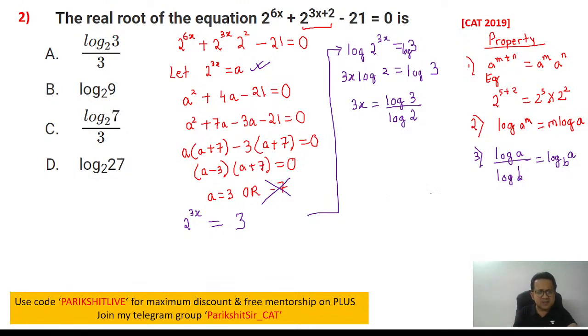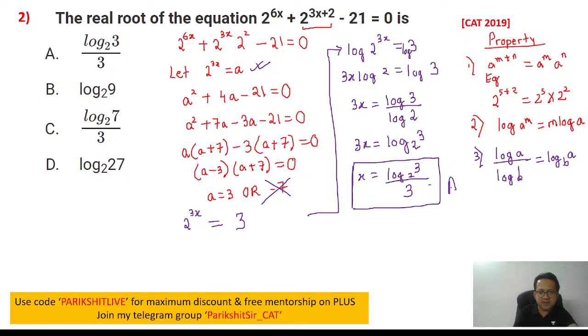So just looking at the answer options and making sure that it matches with one of them, I'm simplifying a bit more. So log 3 divided by log 2 can be written as log 3 base 2. So what is x? You have x, and that's your answer. So log 3 base 2 divided by 3. That's your answer. So the answer is option.